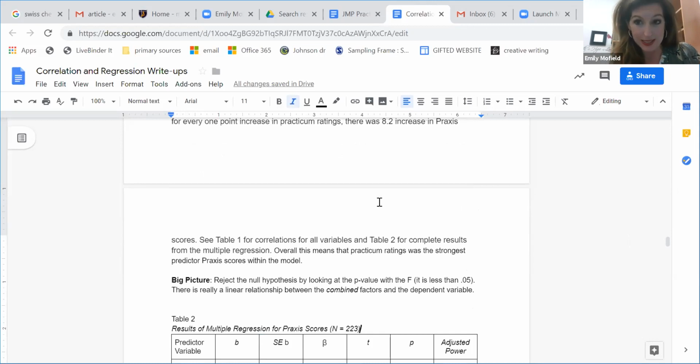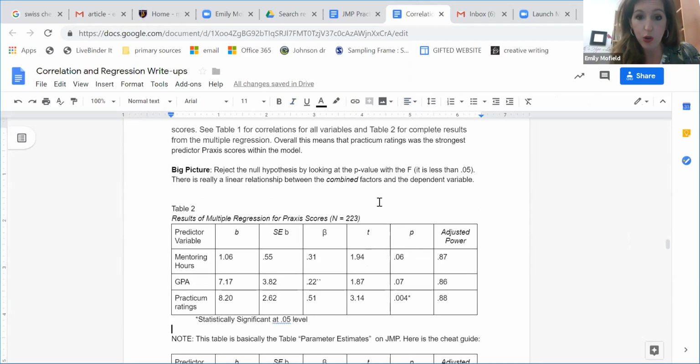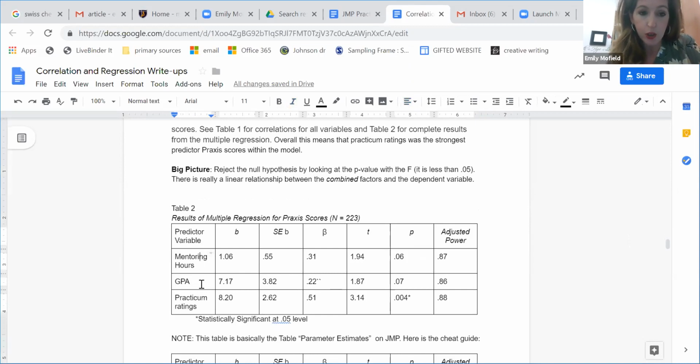Hopefully this is making sense on what you do. I will show you how you would need to do this if you have several variables. You would have your predictor variables here. This is the unstandardized parameter estimate. You report the standard error. This is basically the standard deviation of this. You report that standardized beta weight, the T, the P, and the adjusted power as well.